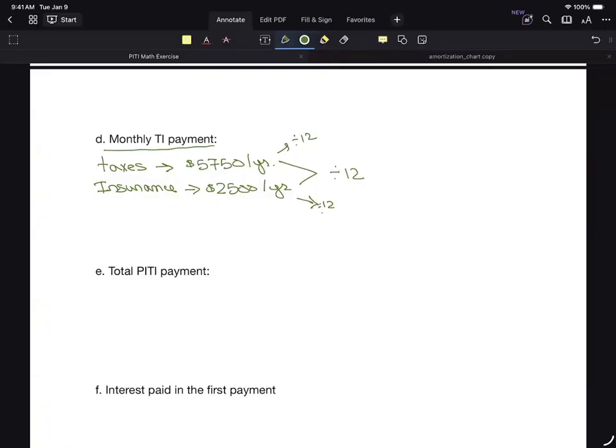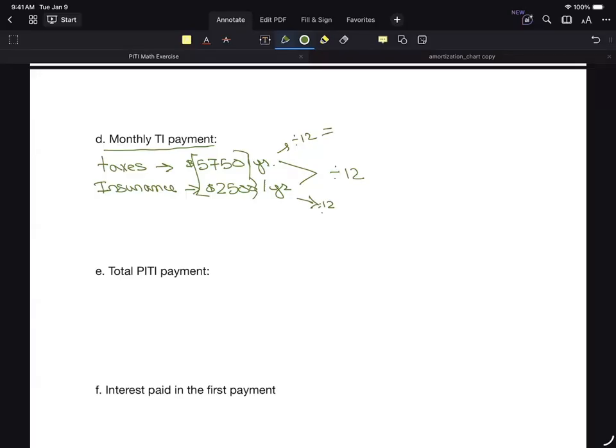But if they asked you how much is the monthly taxes, you just divide that one by 12. If they asked you how much is the monthly insurance, you could divide that by 12. I would probably add these together and then divide by 12, but just for fun, let's do it separately.